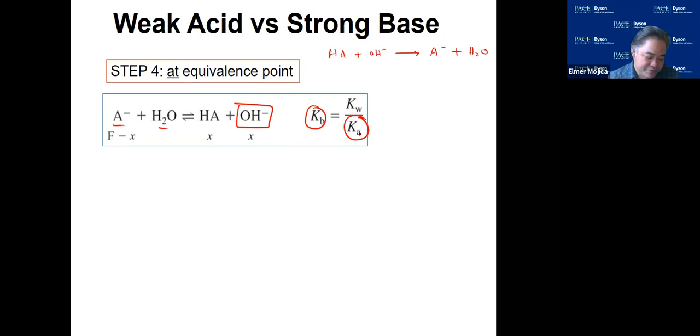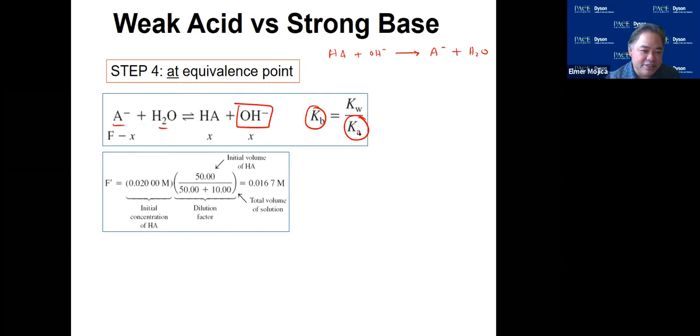Okay? So what does it be? So if we're going to continue the thing, we look at what's the concentration that we have here now. So initially that's 0.02. Okay?